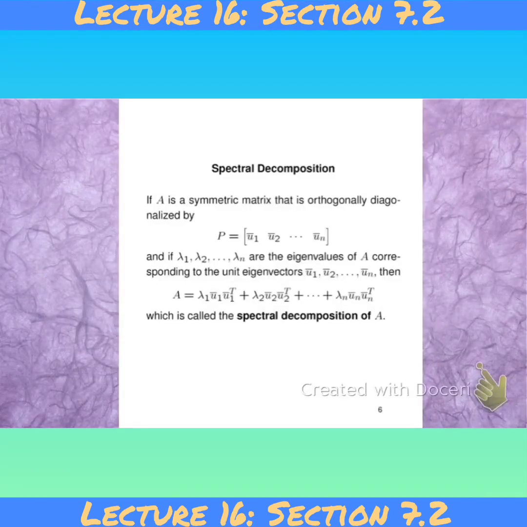Right, next up we've just got a little concept called the spectral decomposition. If A is a symmetric matrix that is orthogonally diagonalized by this matrix P, remember now these vectors are n eigenvectors that are orthonormal, and if those eigenvectors correspond to these eigenvalues, then you can express A as a sum, a linear combination between column vectors, right?